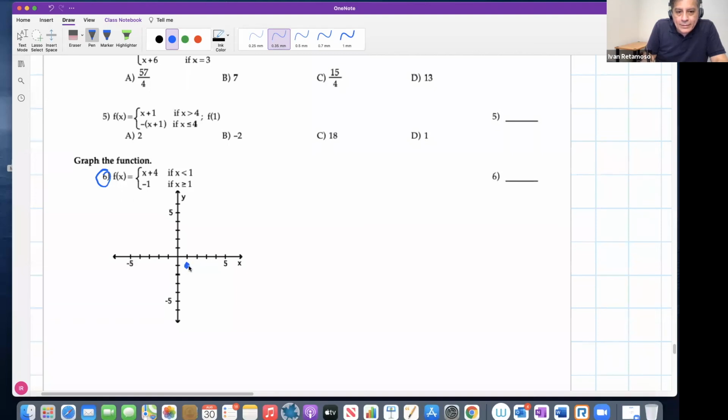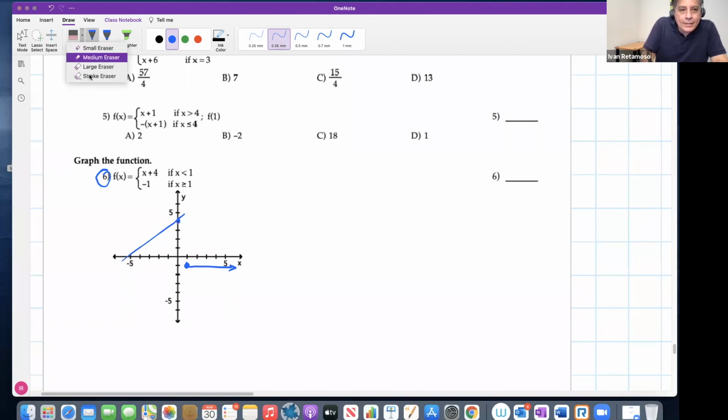I'm going to go solid circle and do it right here for -1 to the right. If x is less than 1, the function is y equals x plus 4. 4 is the y-intercept, 1, 2, 3, 4, and from there you draw a line with slope 1. So like this.